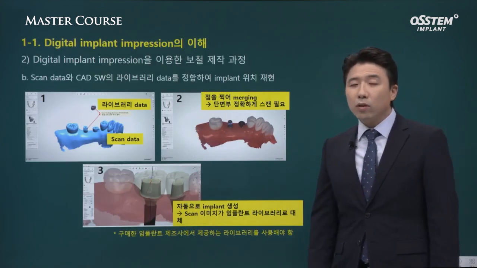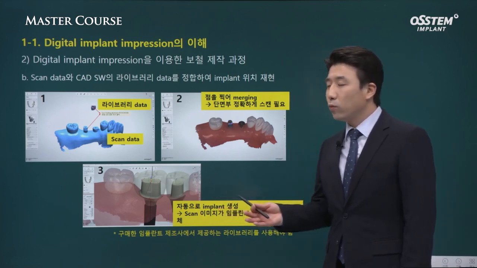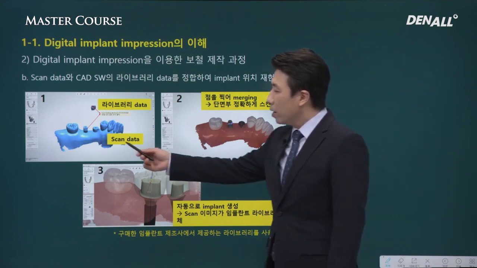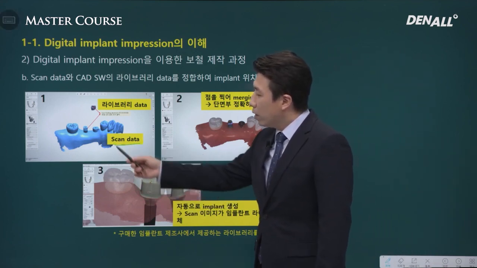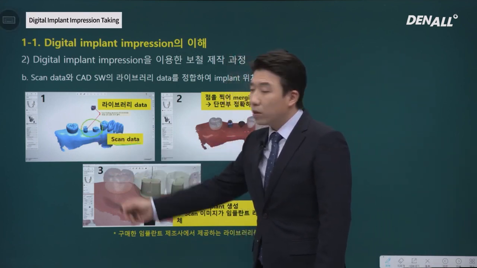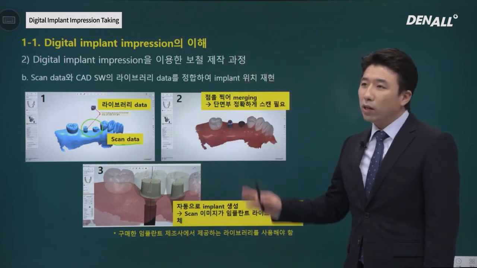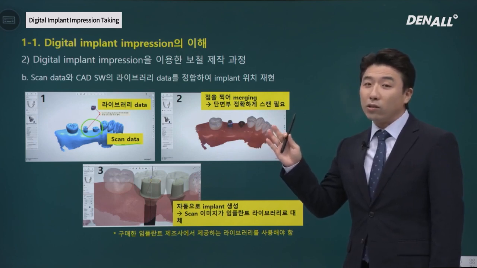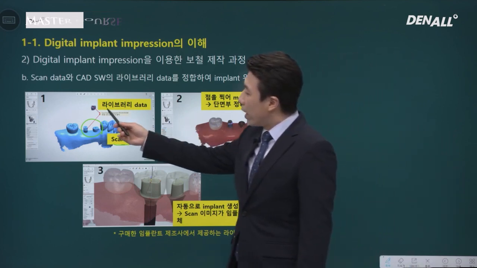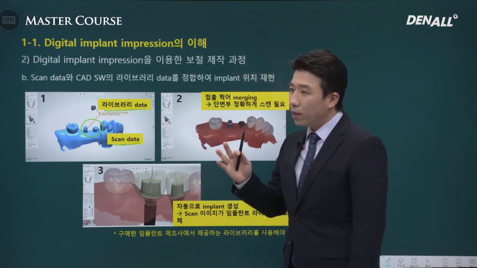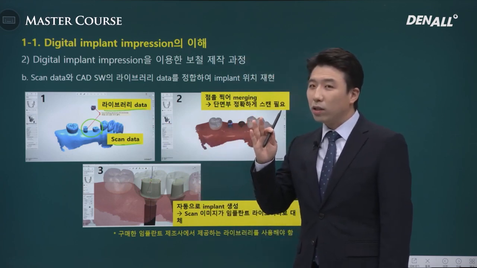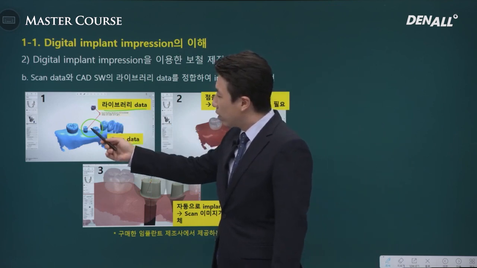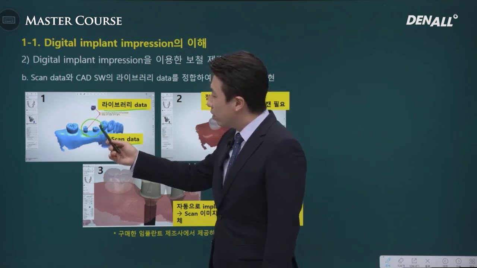Next, libraries are called into the CAD software. Scan data is called into the CAD software. It is the position of scanning of the scan bodies. So in itself it doesn't have any information about implants, but if you bring in the library data, from then on we can estimate the implant positions with the data from the library.